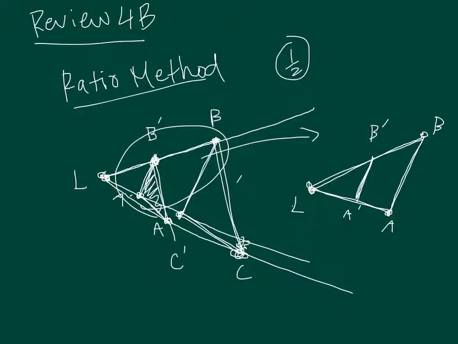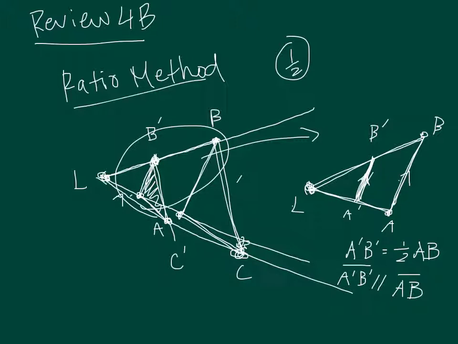We can apply the midline theorem, which says that A prime, B prime is half of AB, and also segment A prime, B prime is parallel to AB. That shows us that A prime, B prime is parallel to AB.